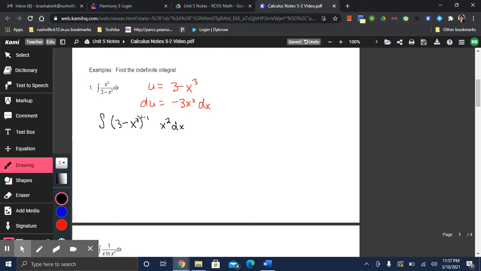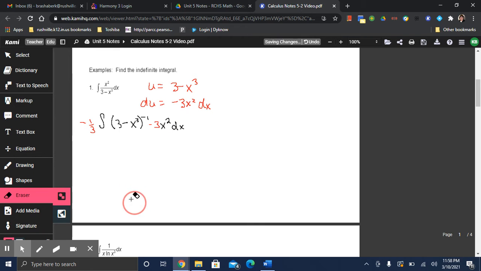You would do a rewrite where you have this negative exponent. So I'm going to go ahead and do that. So we need a negative 3. Sorry about that. We need a negative 3. So we'll multiply by negative 1/3 to balance that out.